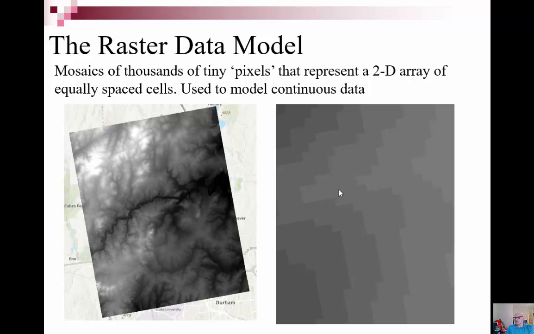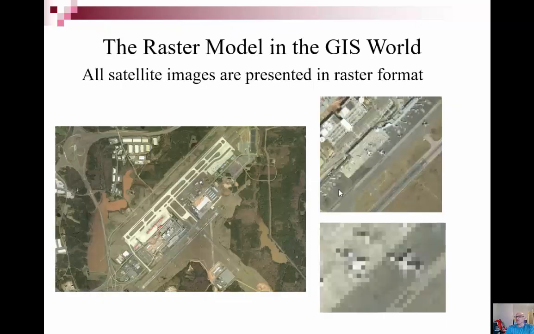But when we look at something like temperature, do we need 1 foot resolution for temperature? No, maybe 1 mile. And so it's dependent upon the phenomena. But we see the raster data model here. This is a satellite image here of RDU Airport. You can see it all zoomed out, it looks nice. But when we zoom in, we can start to see the pixelation of it.